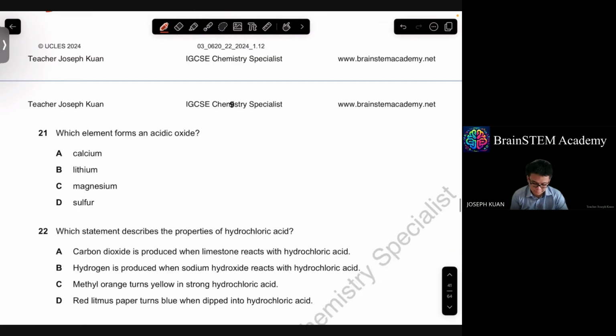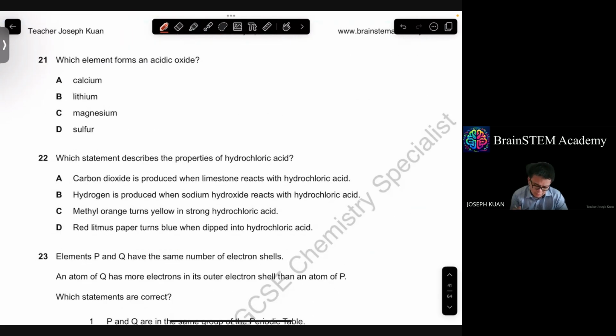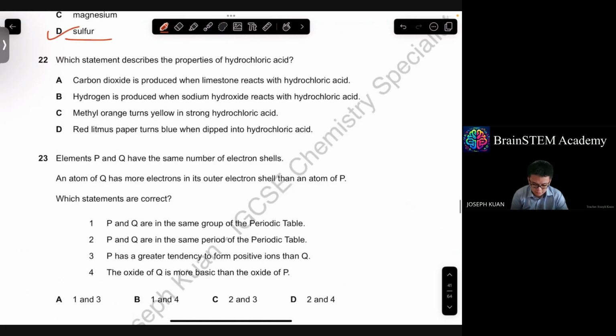All right, next question. Which element forms an acidic oxide? So acidic oxide must be formed from a non-metal like sulfur. Next, which statement describes the properties of hydrochloric acid?